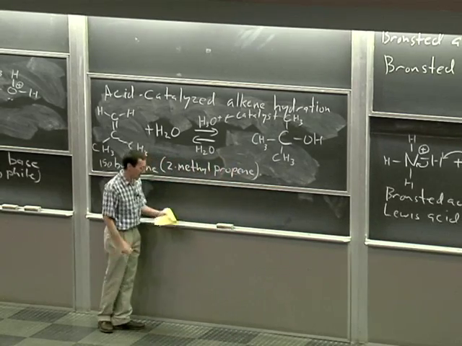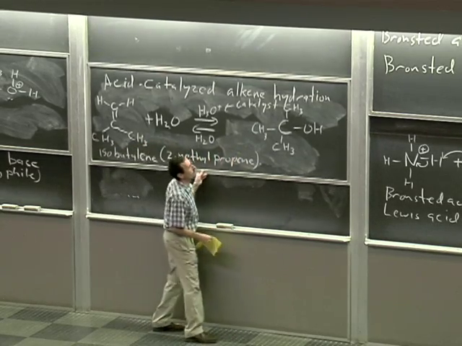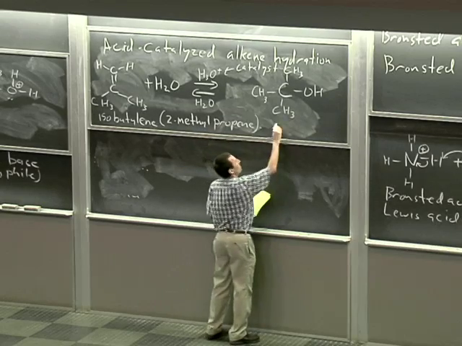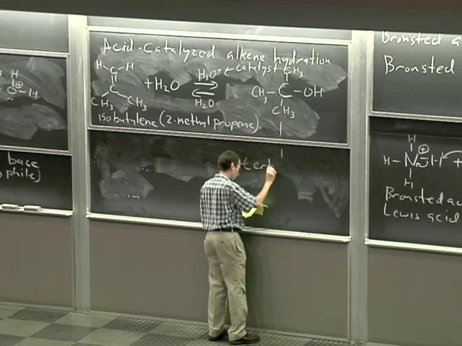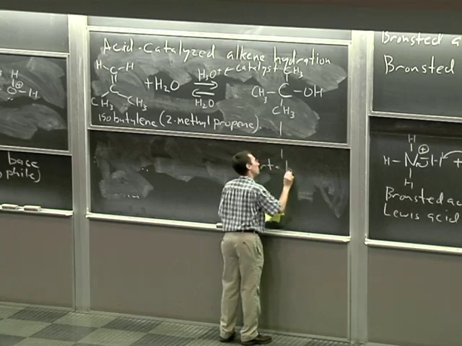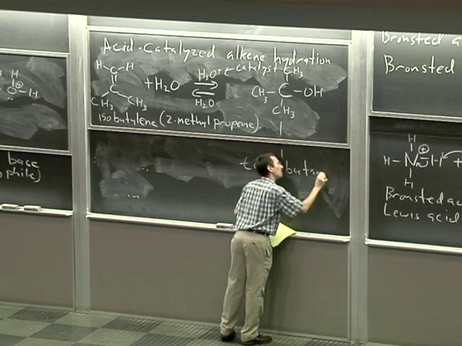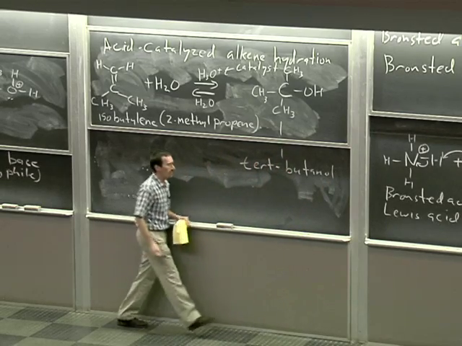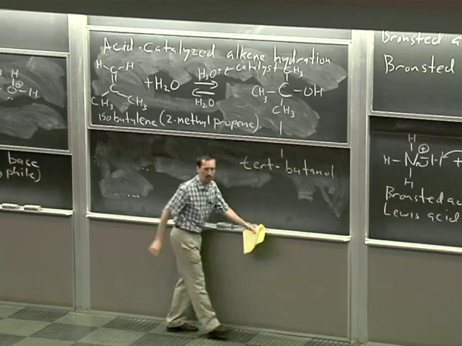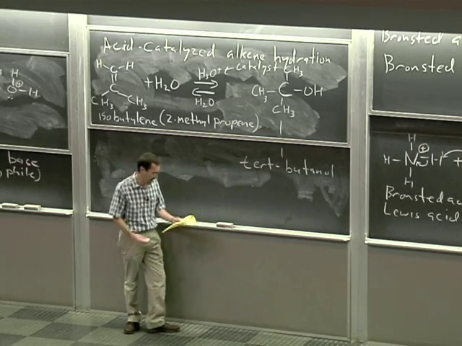And again, I'll write out the name of the reaction. We're running out of space on this blackboard. I'll write it out here. You'll hear it referred to as tert-butanol. You'll hear it referred to as tert-butyl alcohol. Both of those are common names.